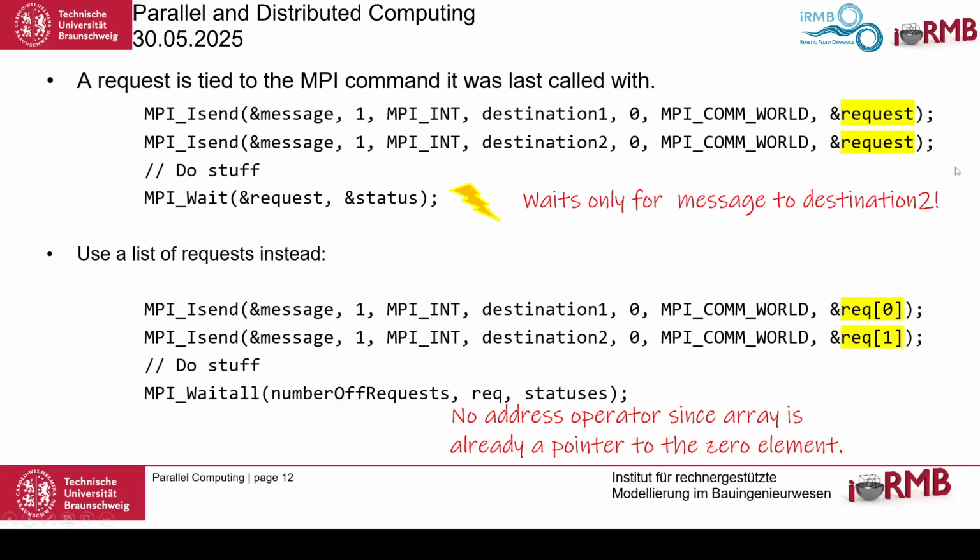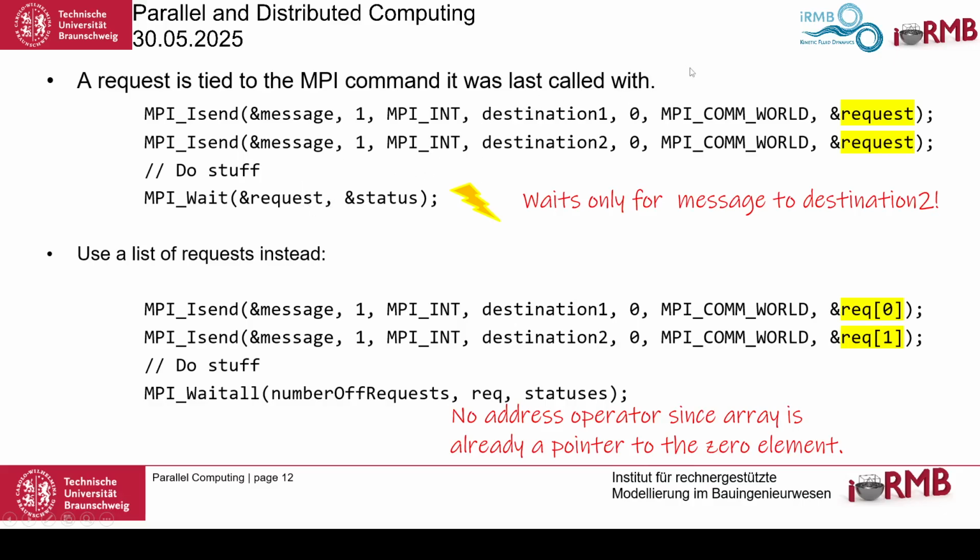So this perfectly works, and it may even be reasonable for some conditions. However, because this request is the same request as the one before, it will only wait for the last message to be sent. Because here the request was overwritten.